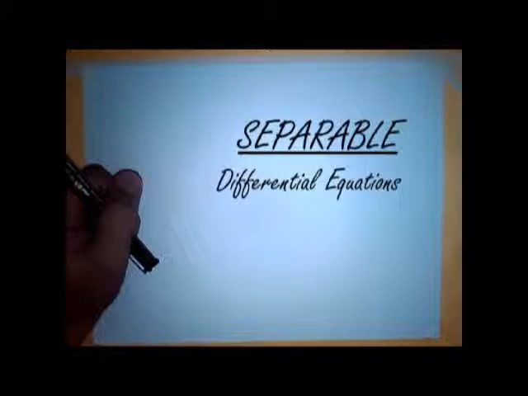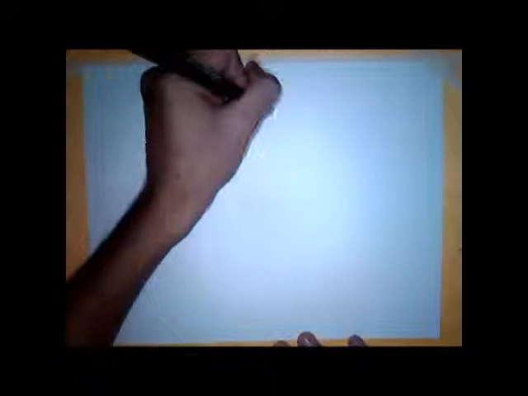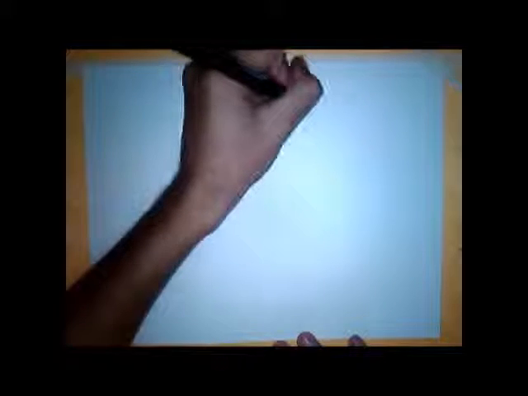So a separable differential equation is a differential equation that we can write in the following form. Any differential equation that we can write in this form is already a separable differential equation.